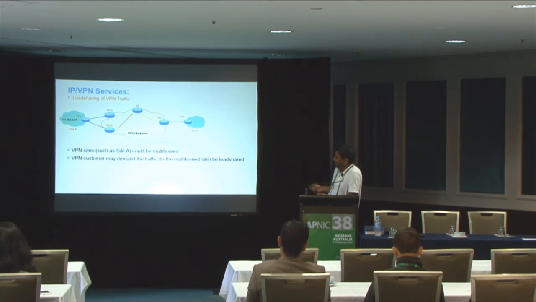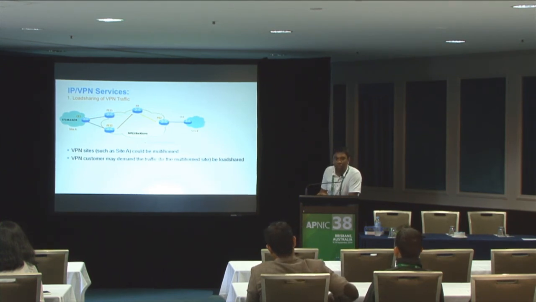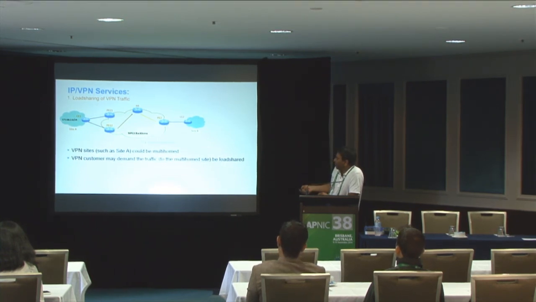look at the diagram here. That's my MPLS backbone. Customer 1 CE is connected to PE11 and PE12. That's what we call a multi-homed customer.